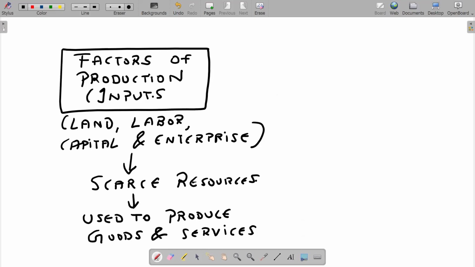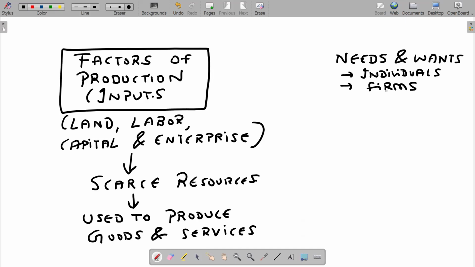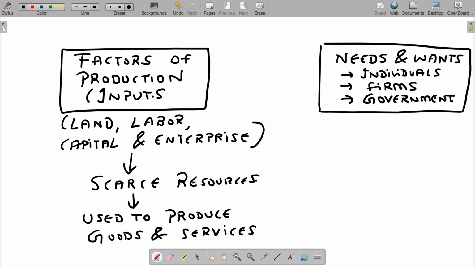Then we talk about needs and wants. And be it the individuals or the firms or the government, all of them have needs and wants. Okay, and they need to make a choice. So choice needs to be made.